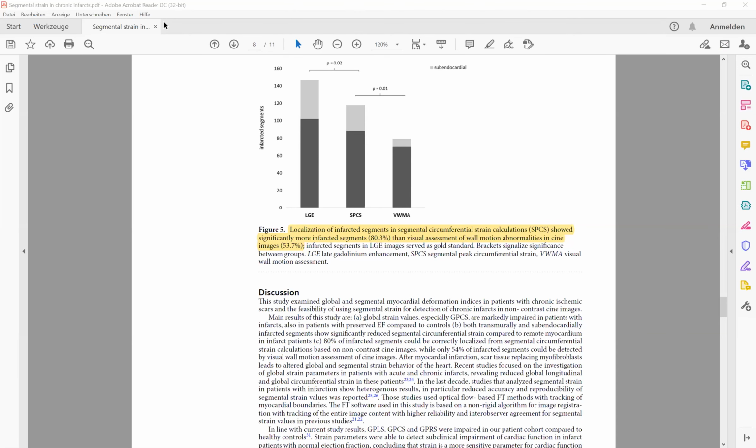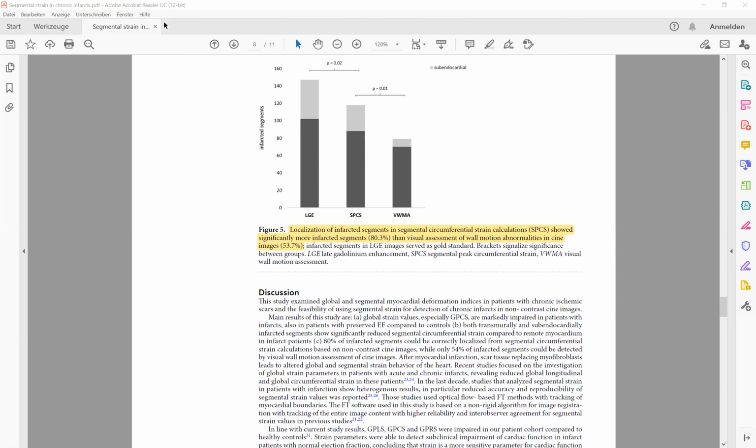Yeah, that is an interesting question. Of course, the more transmural the scar, the more you see it matching. But also, if I have a big transmural scar, some segments adjacent to this transmural scar are also impaired without really showing LGE.